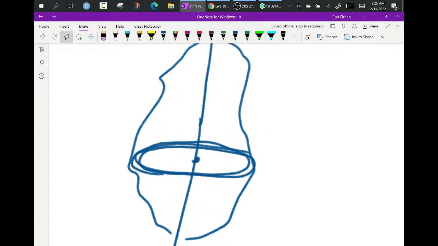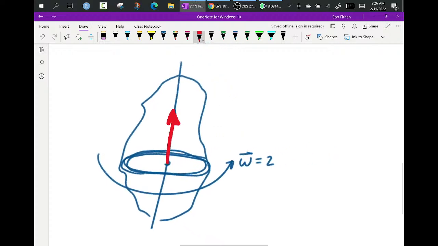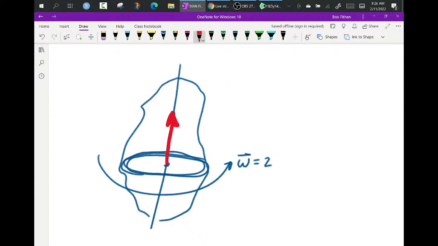Now, if you say it's spinning in this way, then if you take your hand and use your right hand rule, that omega, let's put numbers to it, is 2, and it's going in this direction. So this is the actual vector. So this is x, this is y, and this is z.